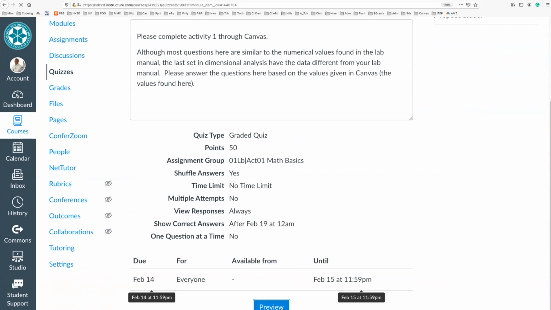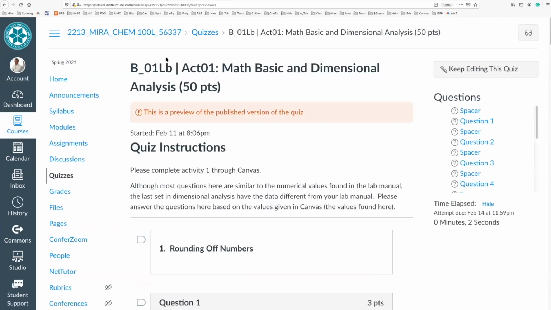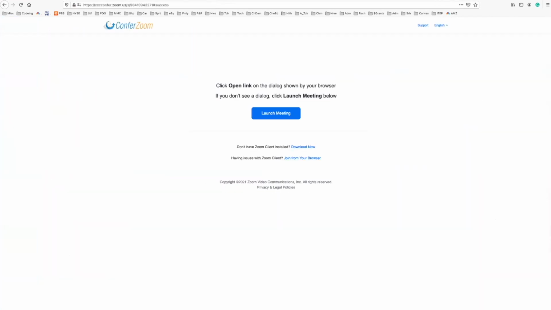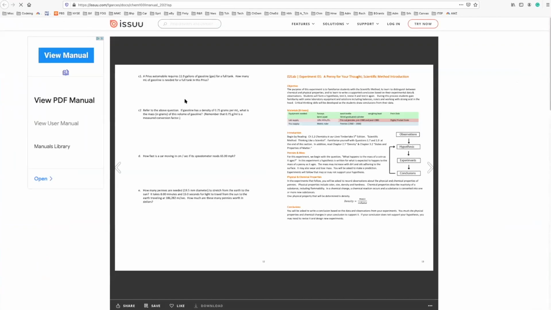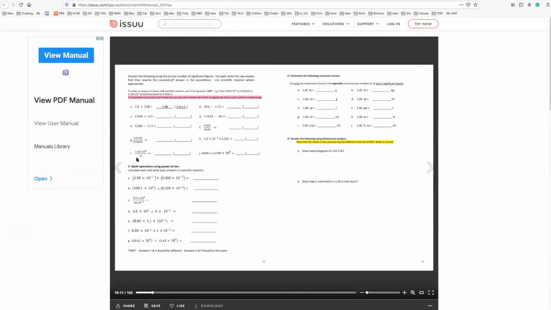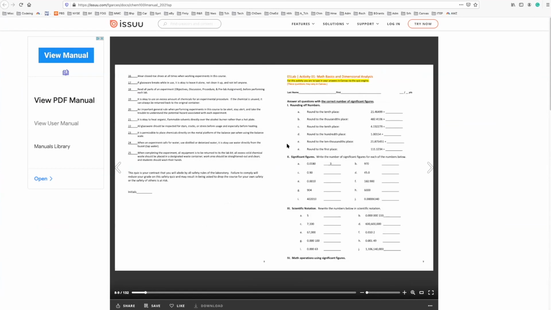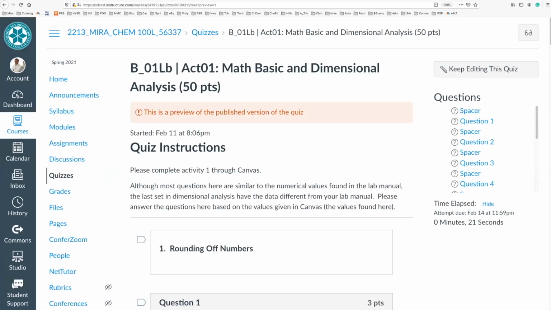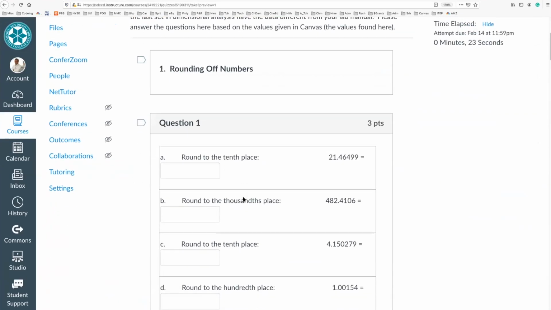So this right here is the same as what you would see right here on Activity 1. It's basically these pages. Okay, but let me just forewarn you that even though these numbers are here, you need to complete Activity 1 on Canvas. You need to put your answers here.